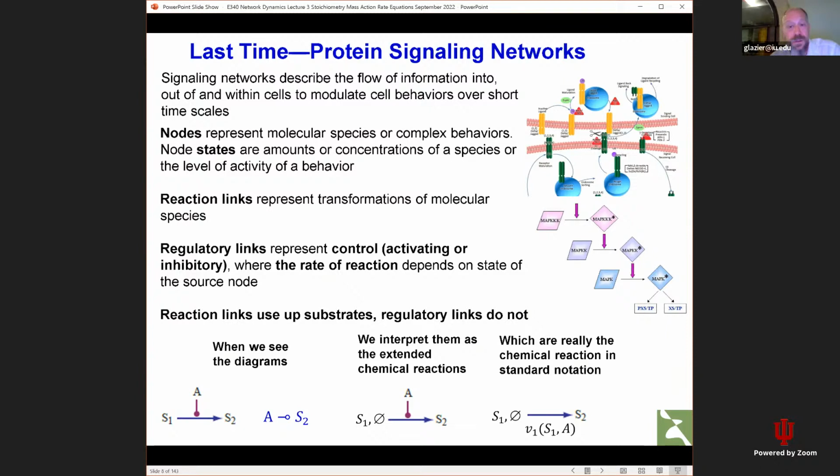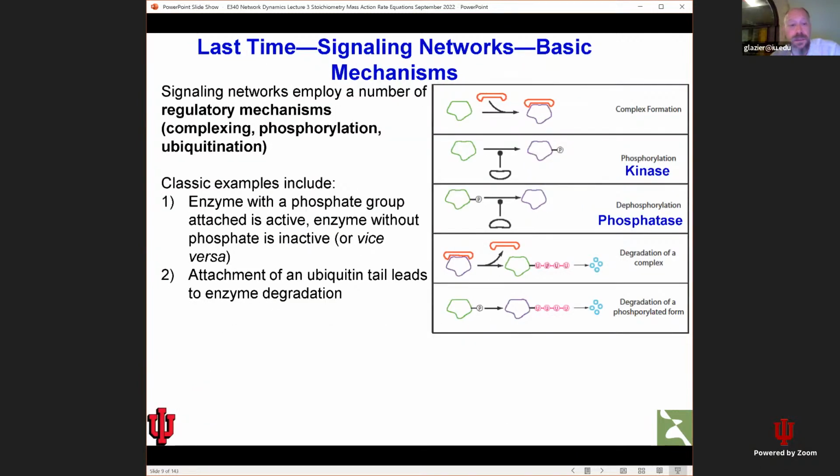Some of the issues that come up when you have to deal with a notation which is quite compressed for signaling networks. We talked a little bit about motifs. In the context of signaling networks, we talked about complex formation, kinases, phosphorylation, ubiquitination.